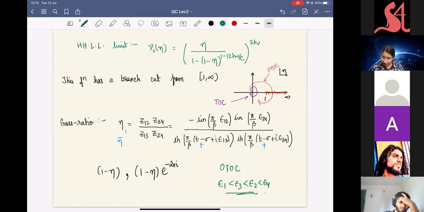Whereas if we did not have this out-of-time ordering and were looking at just the time-ordered correlator, the cross ratio would never cross the branch cut when we increase the time. So for out-of-time ordering, we need to select this solution. We need to go to the second sheet. That is, we need to cross the branch cut to get the correct out-of-time ordered correlator.